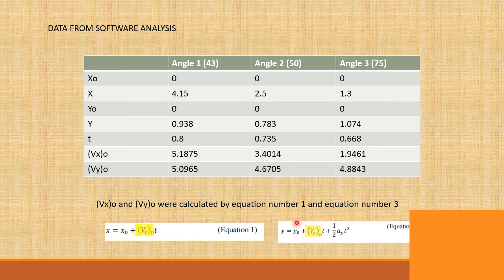And for Vy naught, we use equation 3, which is y equals y naught plus Vy naught times t plus half a y t squared. After we substitute the values of x, x naught, and t, we can get Vx naught. After we substitute the values of y, y naught, and half a y t squared, we can get Vy naught.